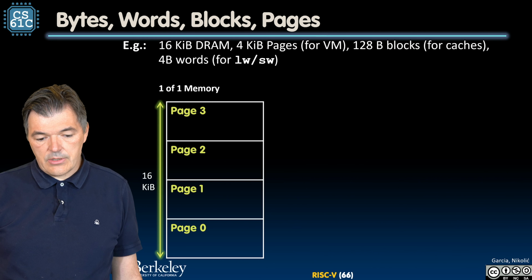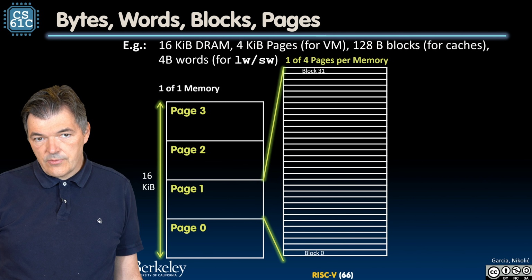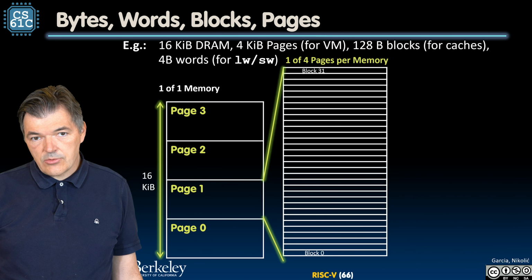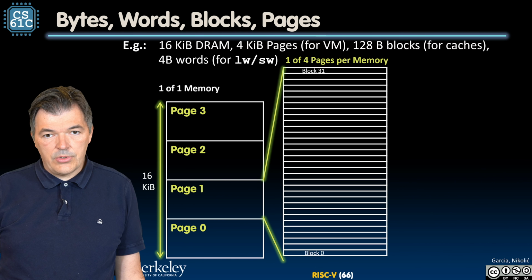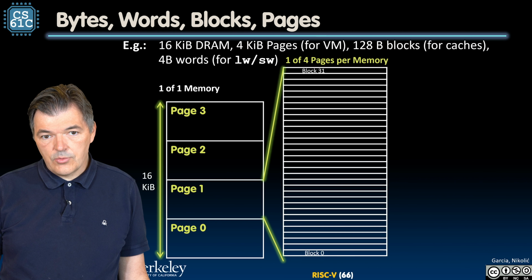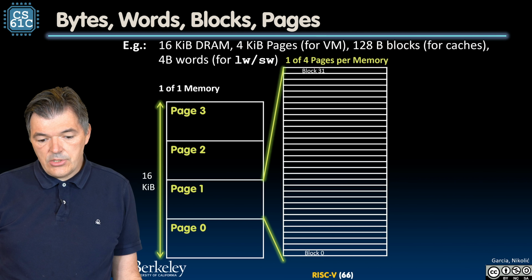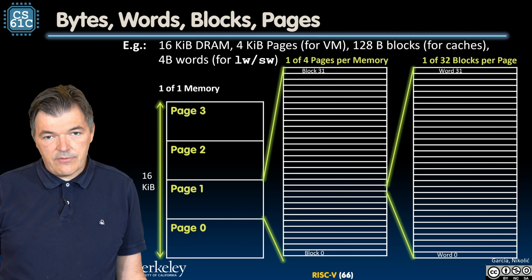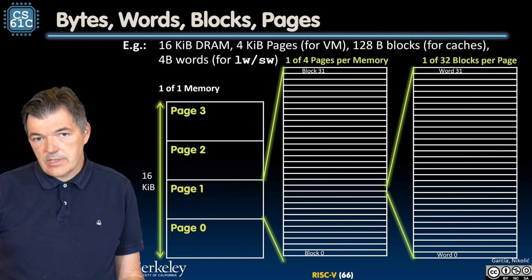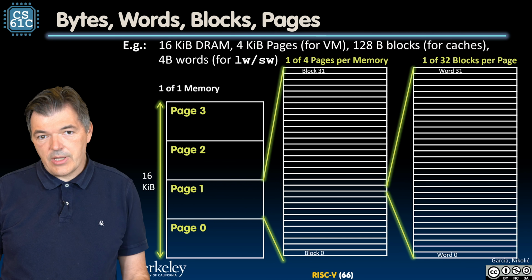So our memory system here would have 16 KB. Those 16 KB would be organized into 4 KB pages. Each page would have 32 blocks. Each block would have 32 words. Each word would have 4 bytes.